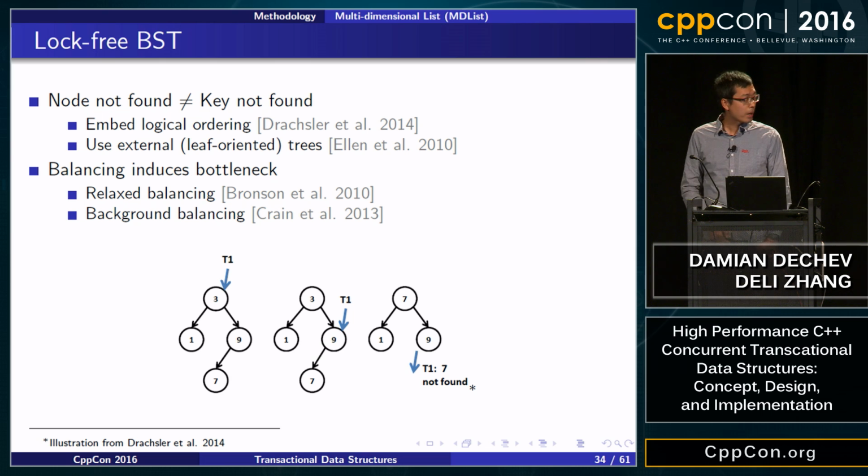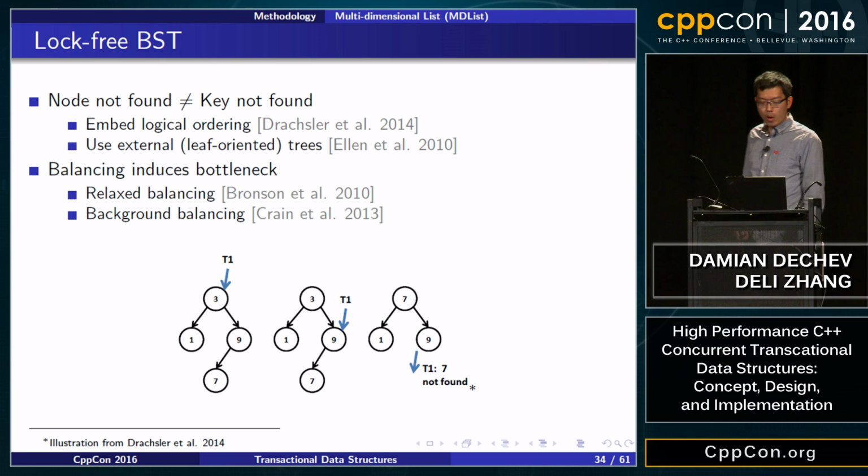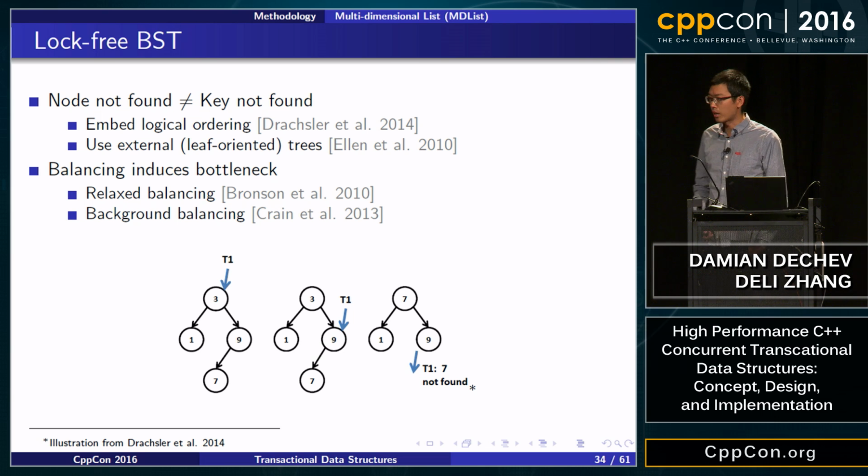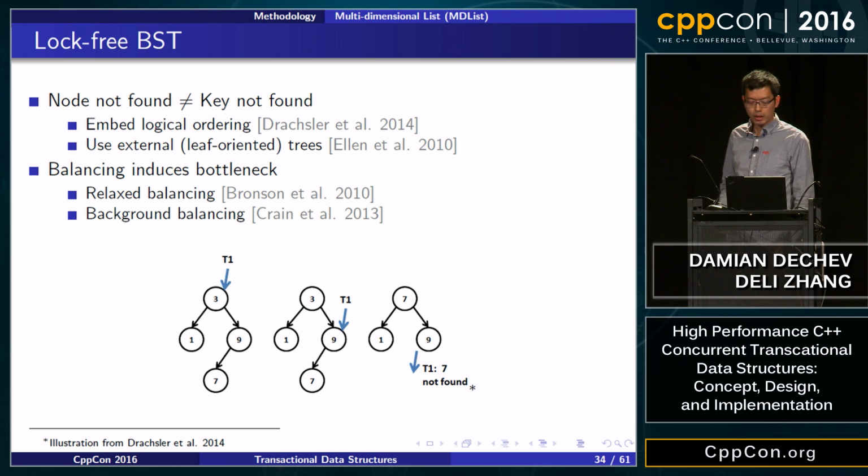So let's take a look at binary search trees. One problem is that in binary search trees, the logical ordering of the keys does not necessarily correspond to the physical layout of the tree. This creates a very problematic scenario for the find operation in lock-free execution. Consider a thread trying to find node 7 on the BST, as shown on the bottom.